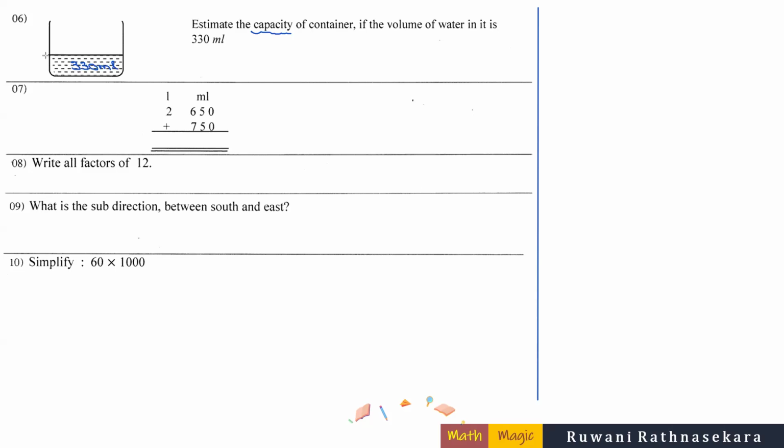If you try to estimate, consider the height. If you compare the height of the water level in the container with what's not filled, you can fill another such height.